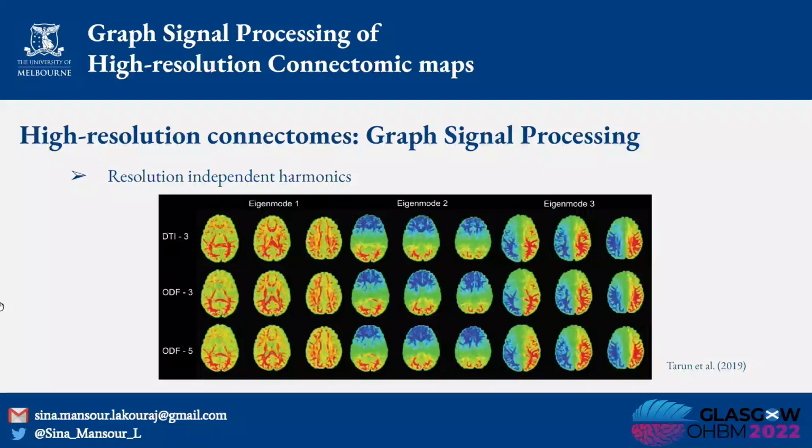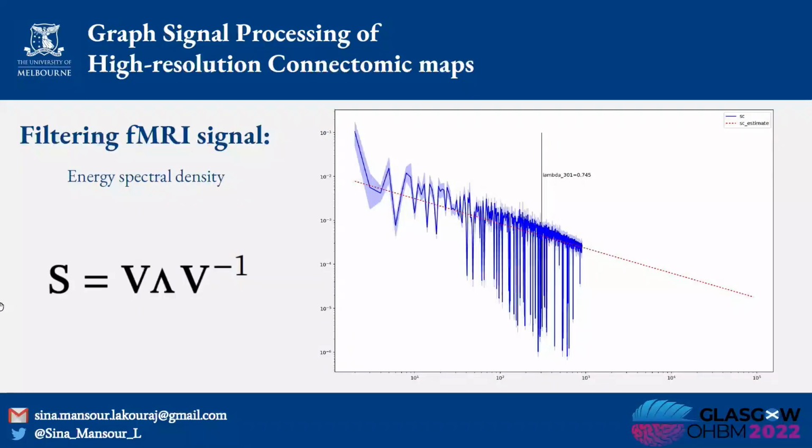And I would also like to say that this was also replicated in a recent work by Anjali Tarun, where they looked at a different type of high-resolution structural connectome in which every voxel of the whole brain forms a node of the structural connectome. And the main difference of their take and ours is that we only look at the cortical surface or the gray matter as the nodes of our brain, and we assume the structural connectivity is somewhat like an underlying wiring scheme that connects the whole gray matter together.